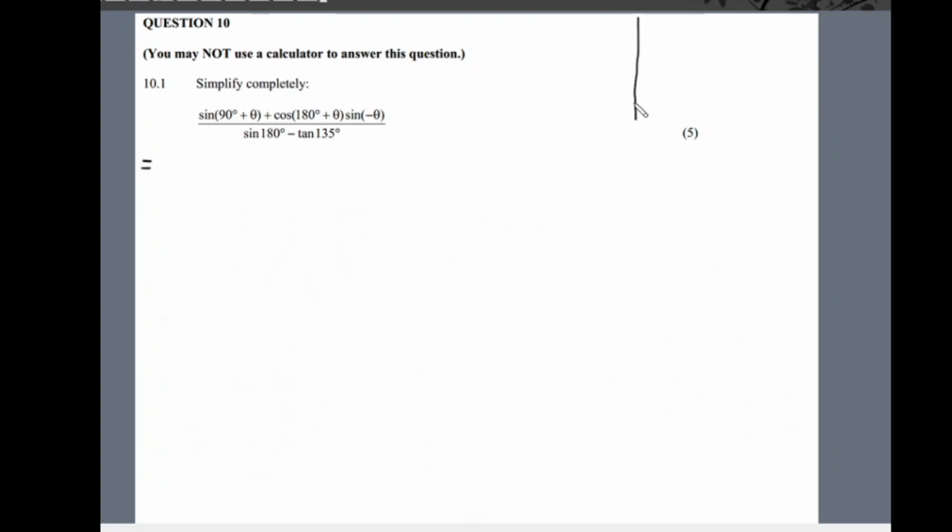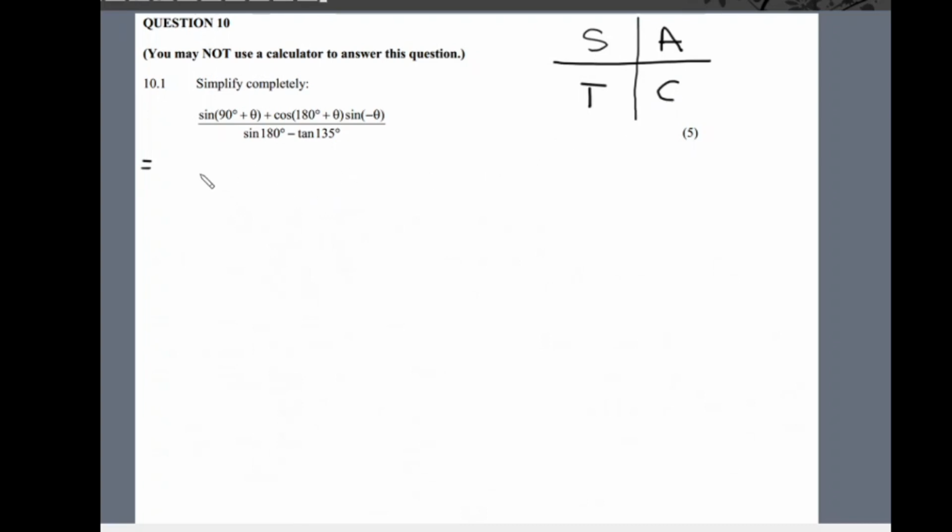Again, here your CAST diagram is very important, knowing that in the first quadrant all the trigonometric ratios are positive. In the second quadrant only sine is positive. In the third quadrant only tan, and in the fourth only cos is positive.